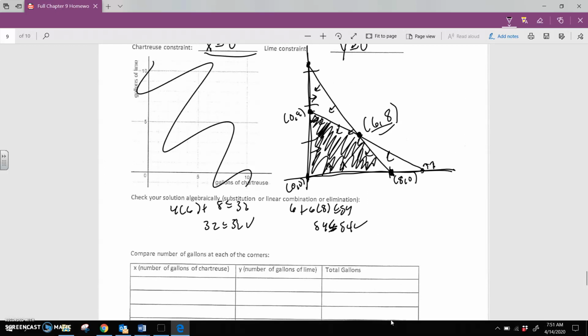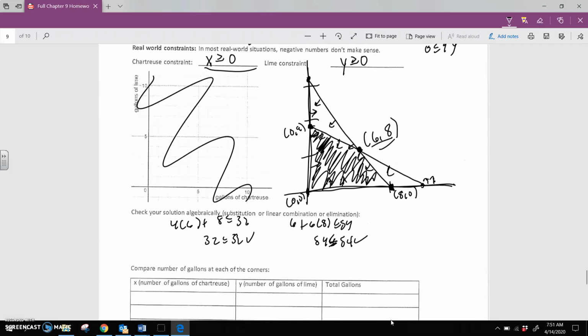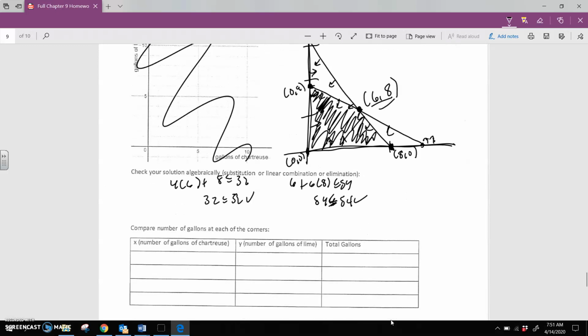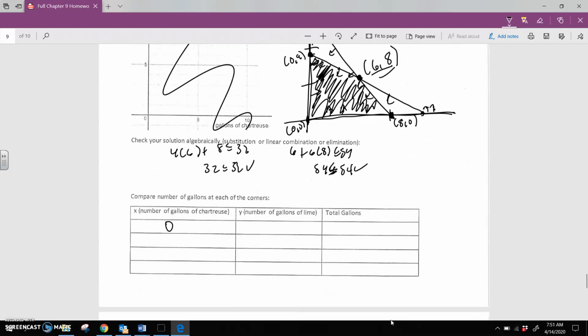Okay, but that's not my answer. Remember, what we do with linear programming is we're finding the 4 possible combinations that would maximize the amount of paint. Okay, so those 4 points, the 0, 0, 0, 9, 8, 0, and then the combination of 6 and 8 gallons. Those are the 4 things that would get me there. Having said that, if we're talking about total gallons, usually somewhere in the problem, if it's like a maximum profit, it tells you how much you make for selling each item.